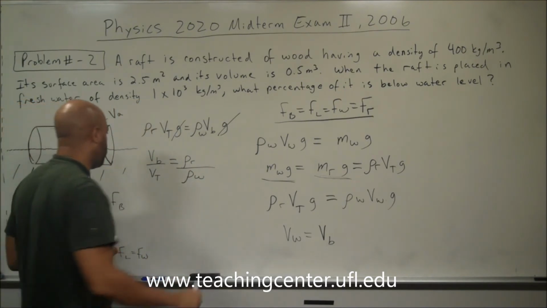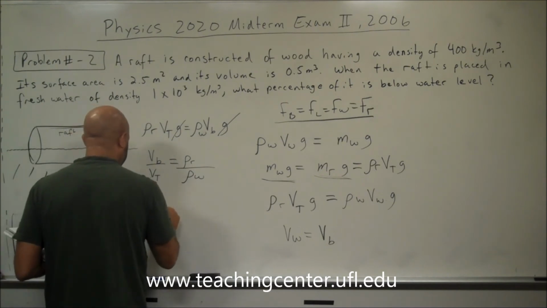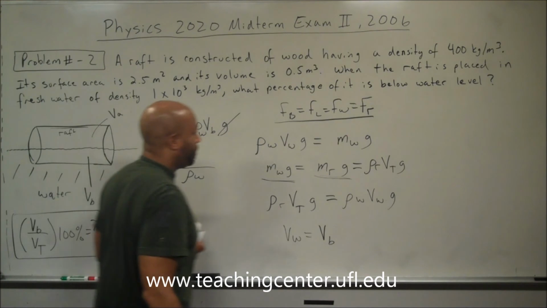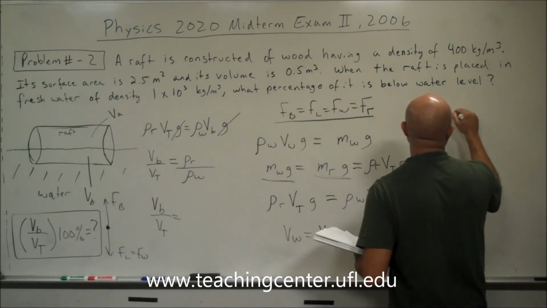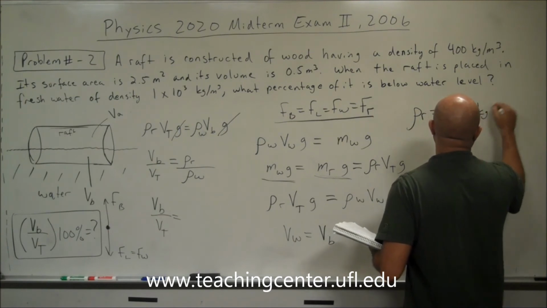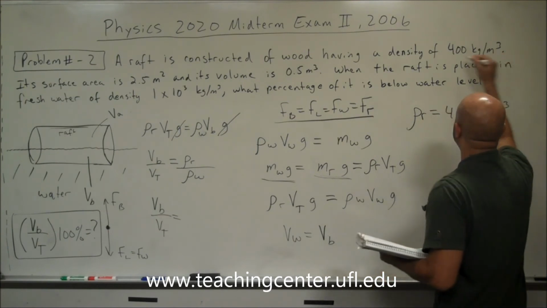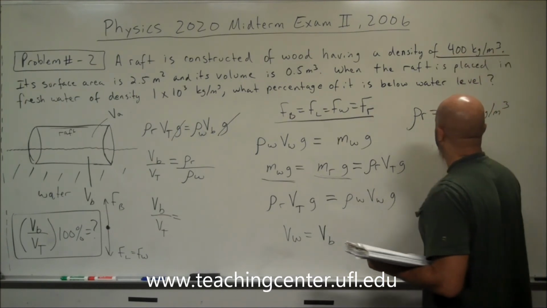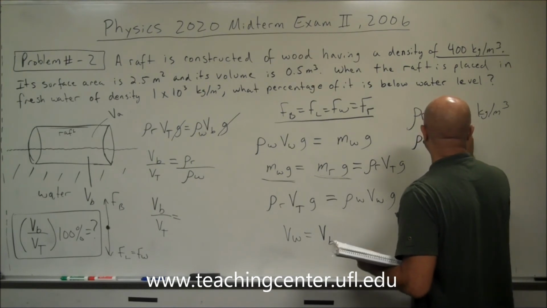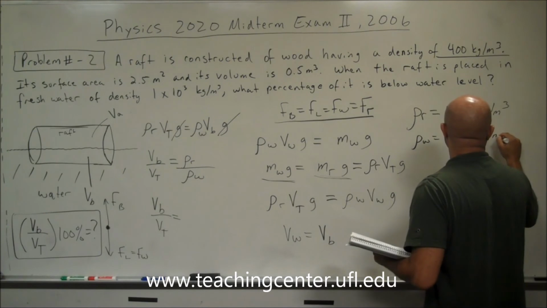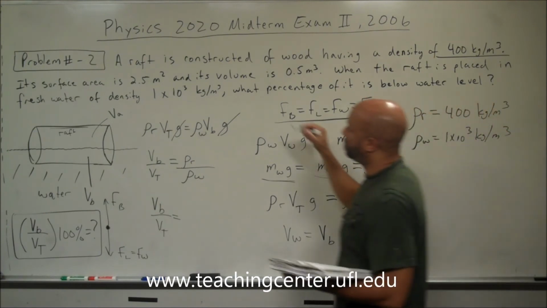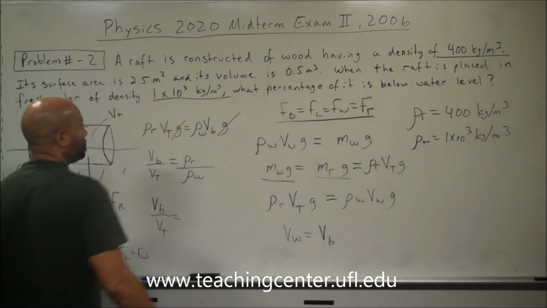And so we know that VB divided by VT, if we know that the density of the raft is 400 kilograms per meters cubed, because that's what's given in the problem, and we know that the density of water is 1 times 10 to the third kilograms per meters cubed, because that's also given in the problem.